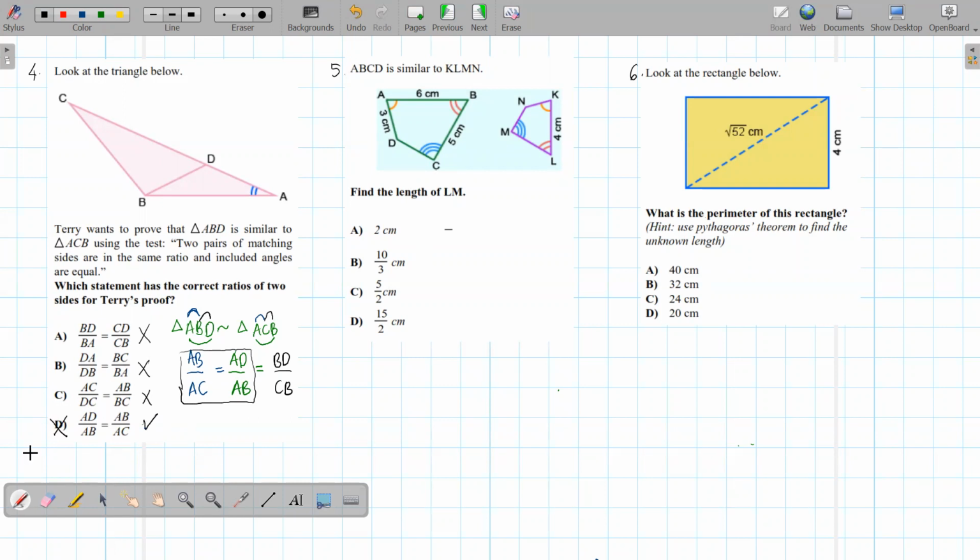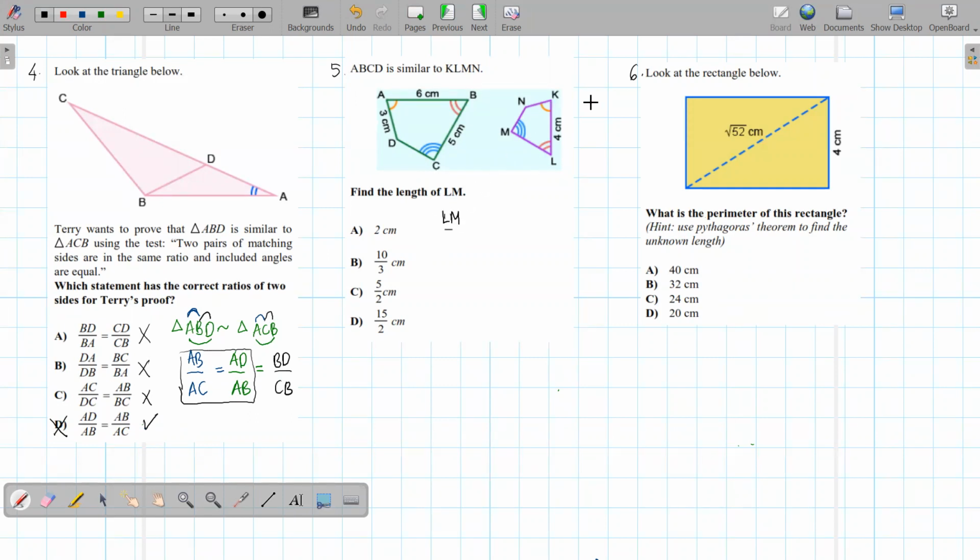Let's move on to question number 5. ABCD is similar to TLMN. Find the length of LM. First of all, we write the unknown side, which is LM, what we are going to find.